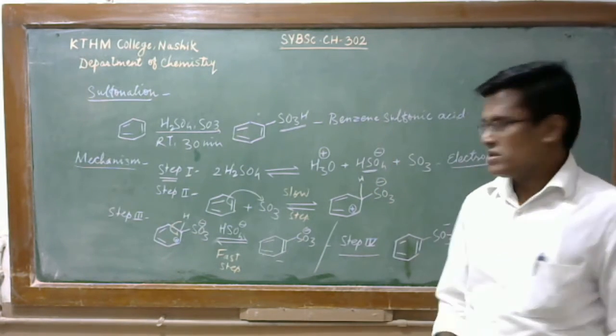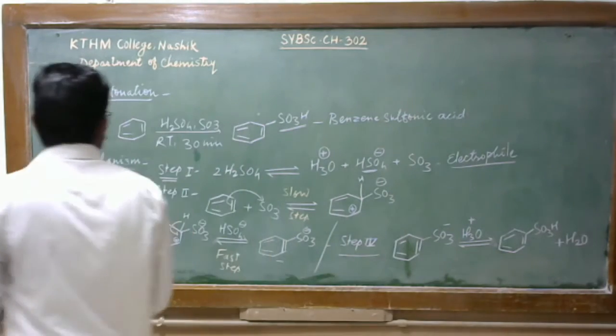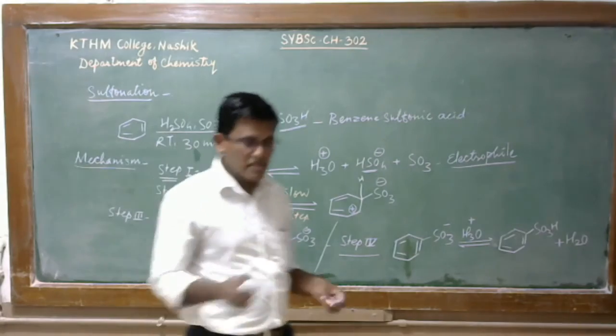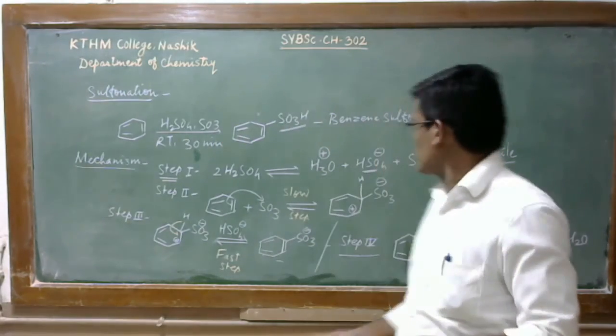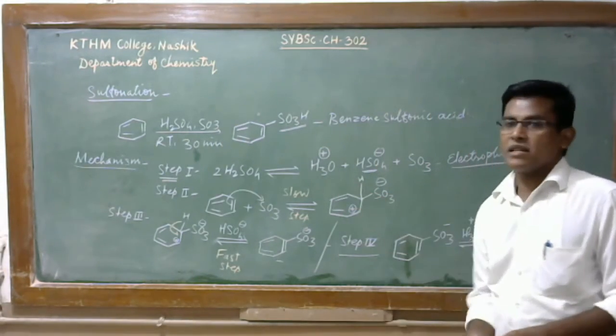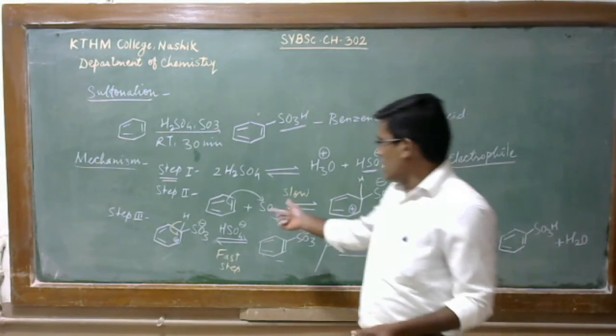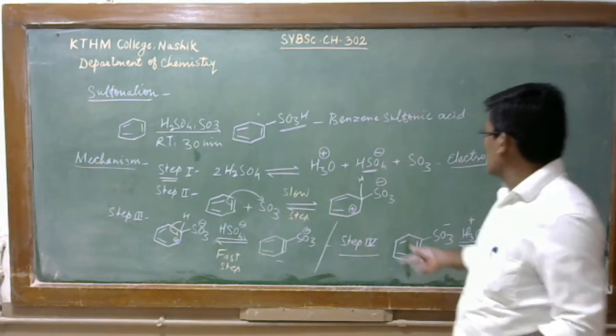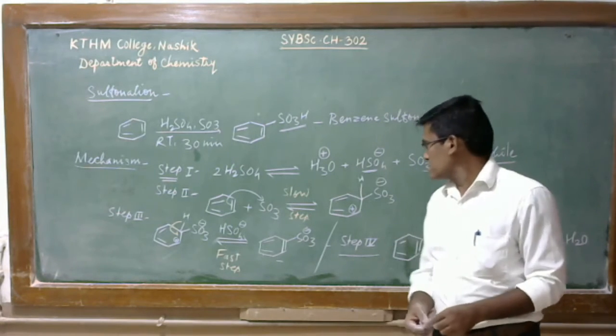So this is how this reaction will undergo. In the first step, this H2SO4 will generate the electrophilic SO3, and in the second step, this SO3 will attack on this benzene ring to get this complex.